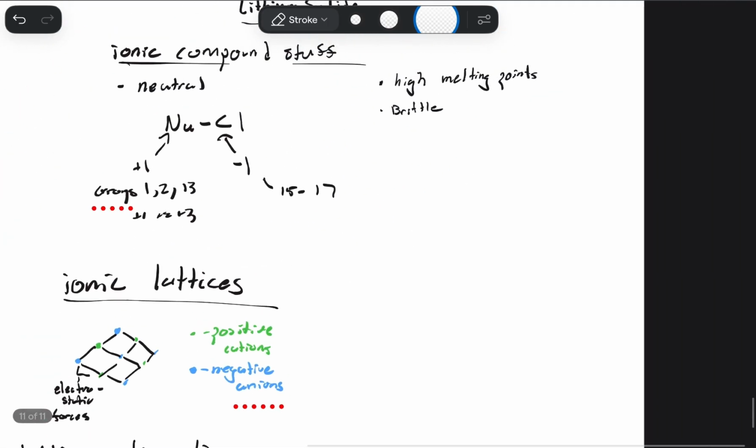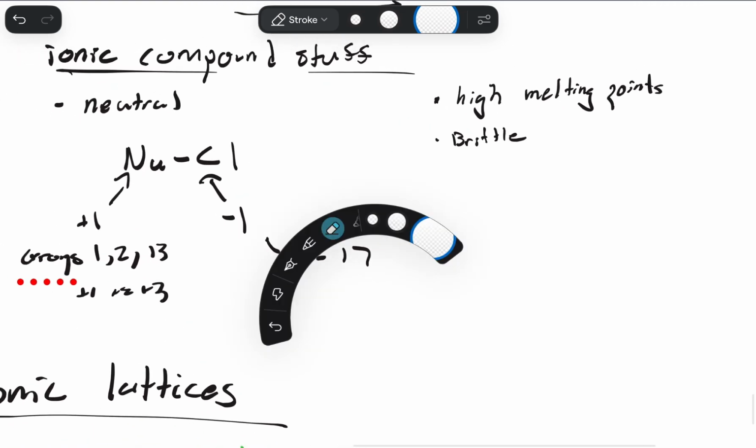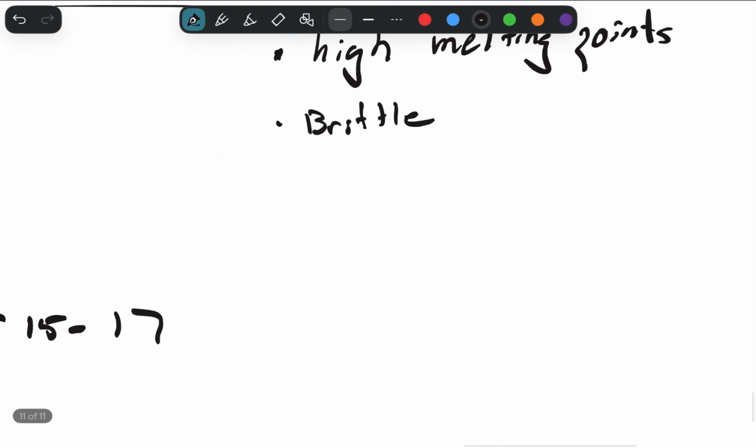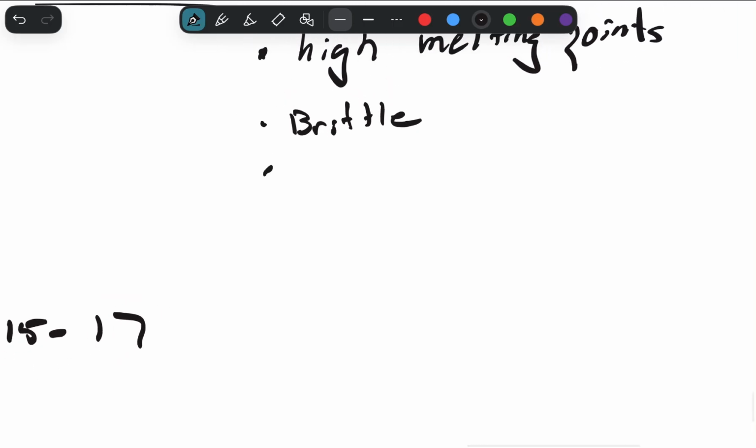Okay. Let's go back to this ionic compound stuff. Let's really fill this in. So we talked about high melting points and brittle. Oh, this is a good word to know. I've encountered a couple questions on this. Volatility.